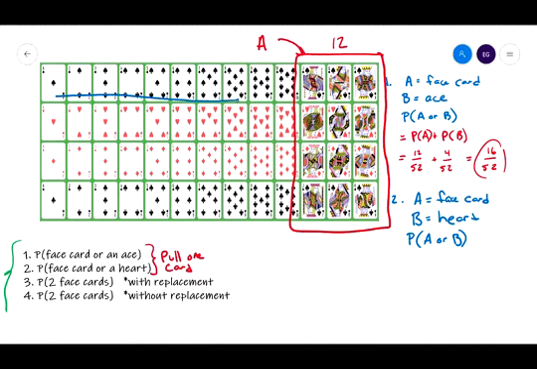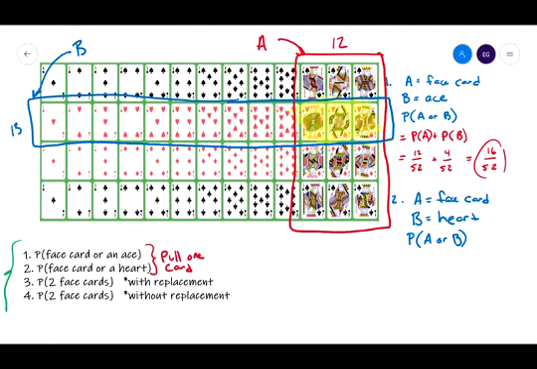Here are the hearts, and there's definitely some overlap. You have 3 cards in the deck: the Jack of Hearts, the Queen of Hearts, the King of Hearts. So there are 3 cards that are part of outcome A and at the same time part of outcome B. And there are 13 cards in outcome B.